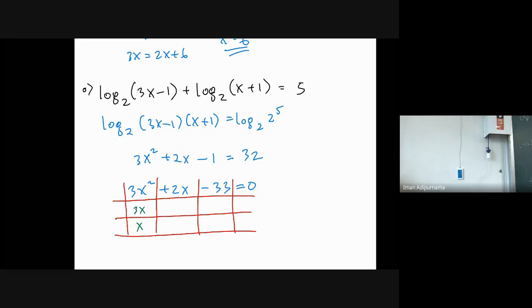Just try and error. Let's try 11 and 3. This is 9x. This is negative 11, right? Negative 11 plus 9 is negative 2, so it's plus 2. Maybe we just change the signs.